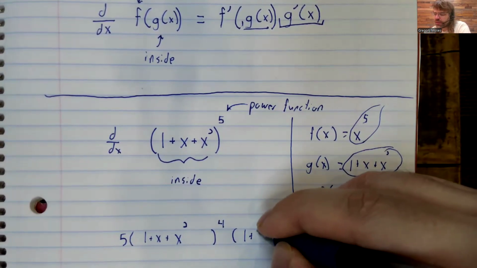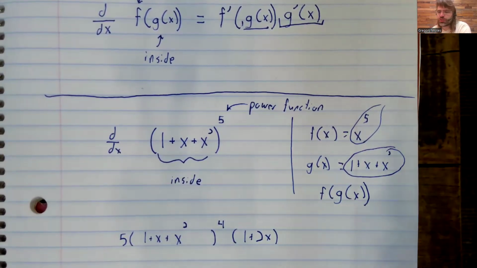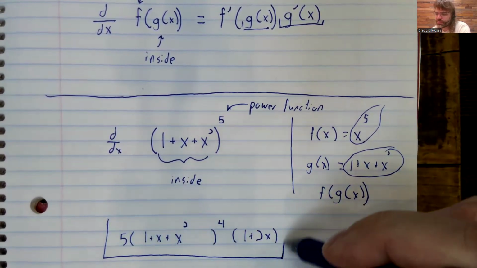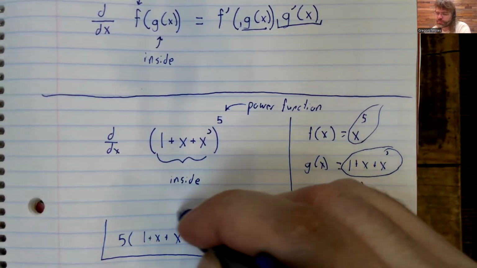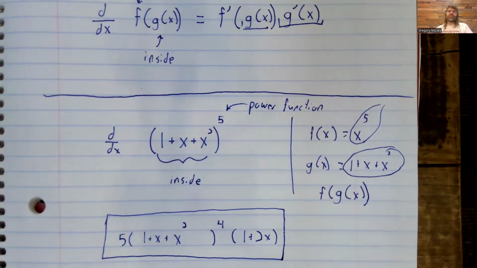Its derivative is 1 plus 2x. And there is the derivative of the function. The derivative of 1 plus x squared to the fifth is 5 times 1 plus x squared to the fourth, all multiplied by 1 plus 2x.